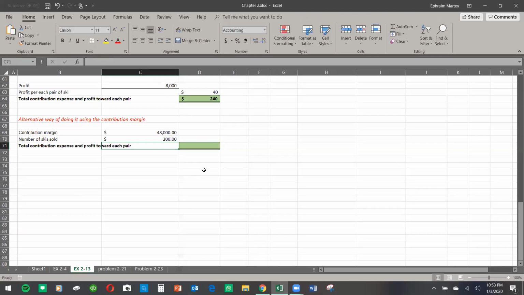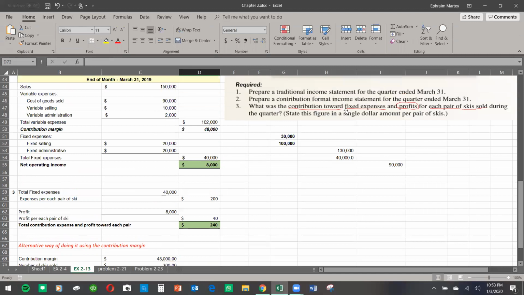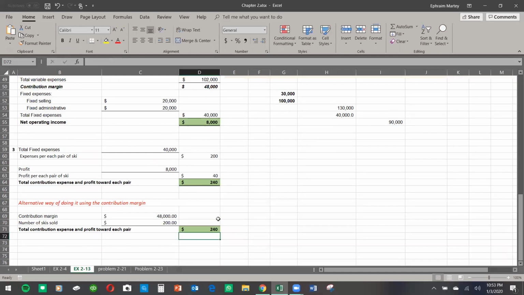That should still give you $240. So you can go this alternative way, taking contribution margin divided by the units, or you can go analytical by taking fixed expenses and then the profit as well, and then add them together.